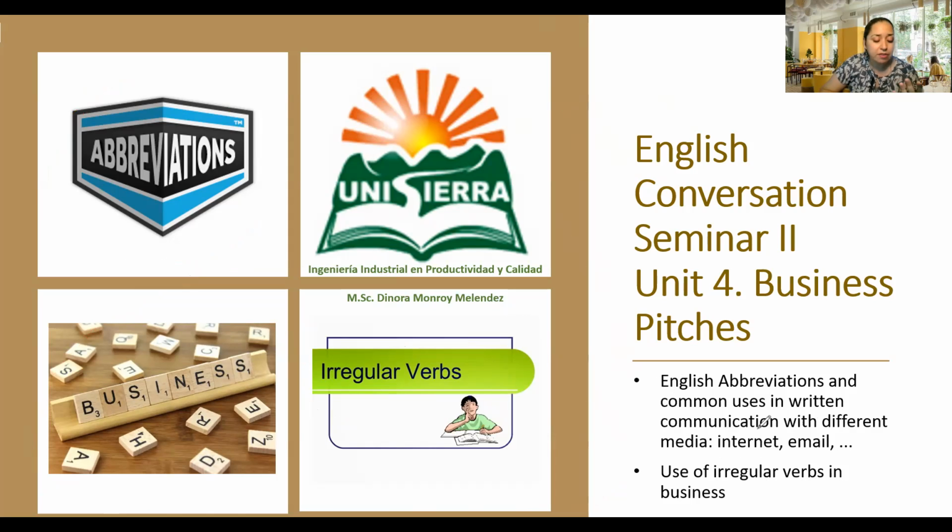Like I was telling you, if you're using Instagram, Facebook, Twitter, WhatsApp, Facebook Messenger, Telegram, and so on, so many different places that you use through internet, well, we need to speak about those abbreviations because they are very, very common. And last but not least, the use of irregular verbs in this. Just because we need to speak about those.